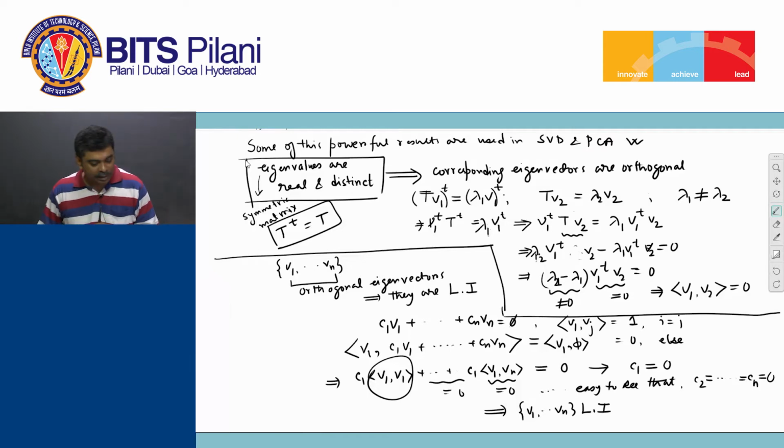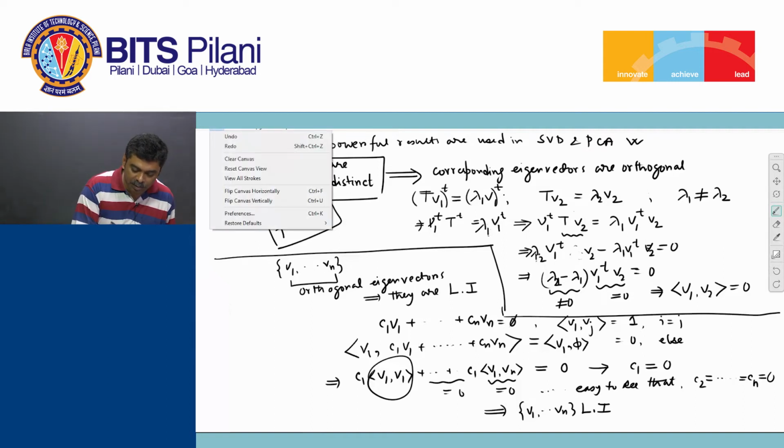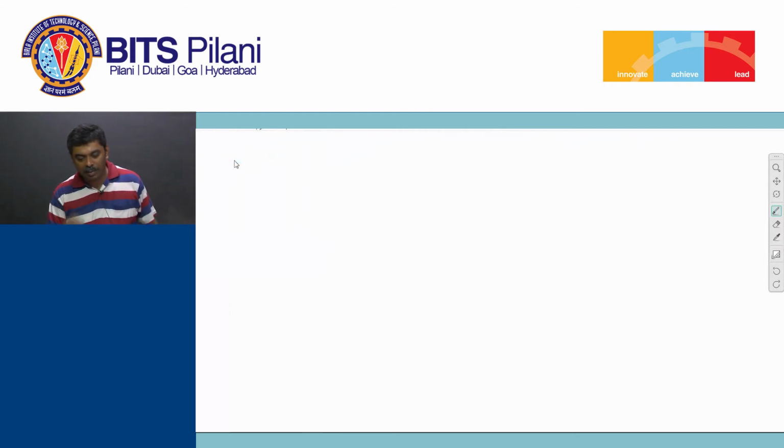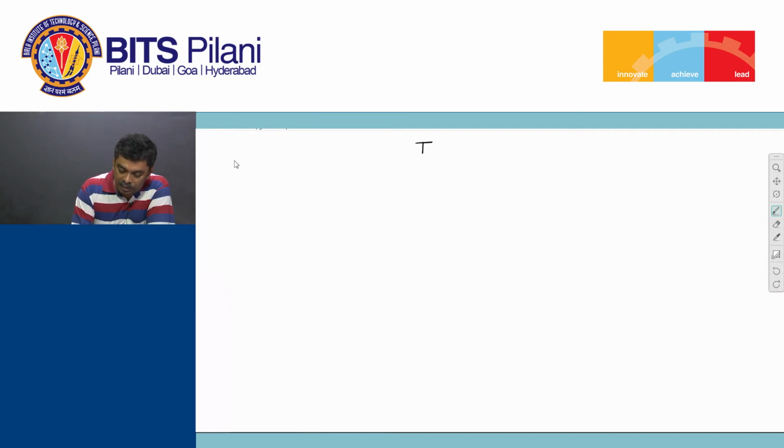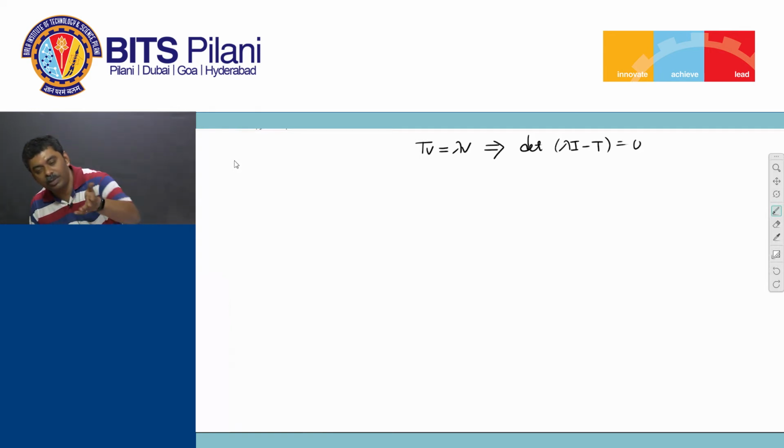One final thing that I wanted to show before we move on to something else is the whole brouhaha about eigenvalues. We posed a question, remember, that if I have TV equal to lambda v, then why do I compute the determinant and set it equal to 0 in order to compute the eigenvalues?